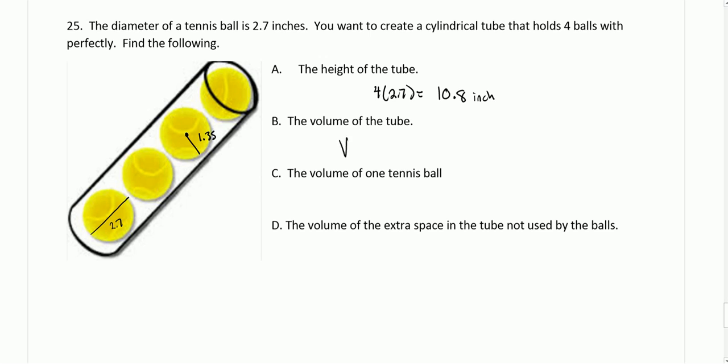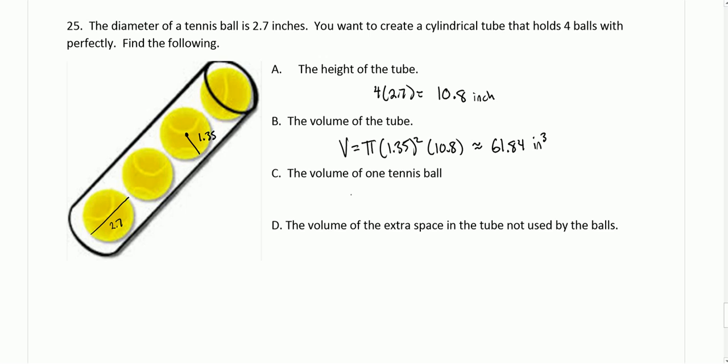So the volume is going to be pi times 1.35 squared times 10.8, which is approximately 61.84 cubic inches.